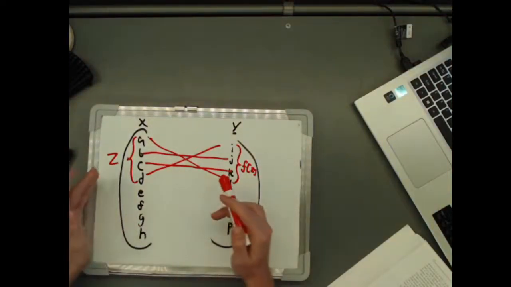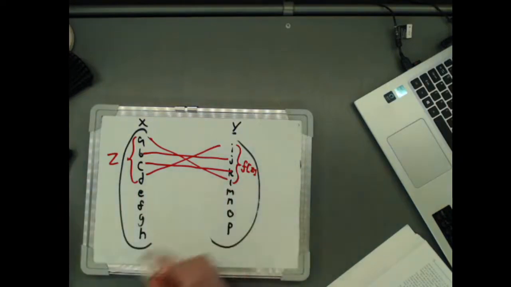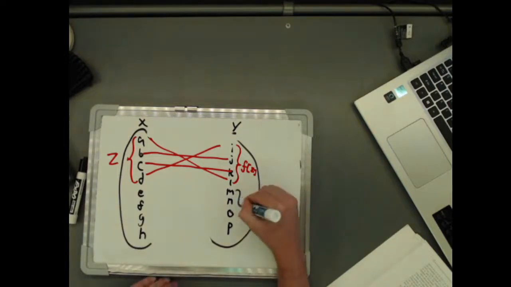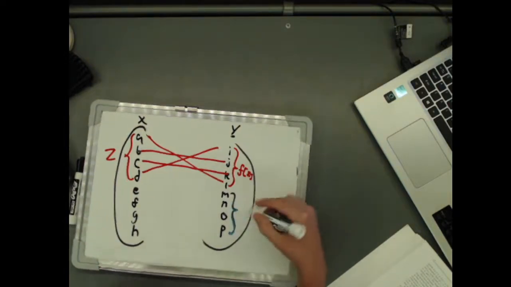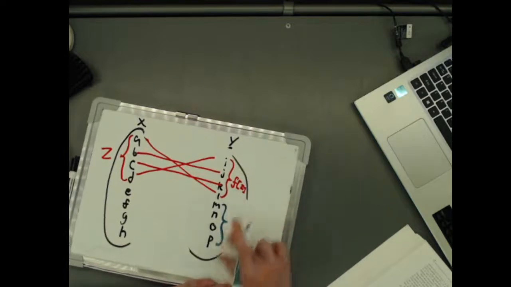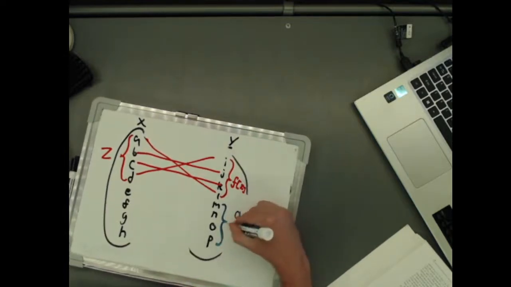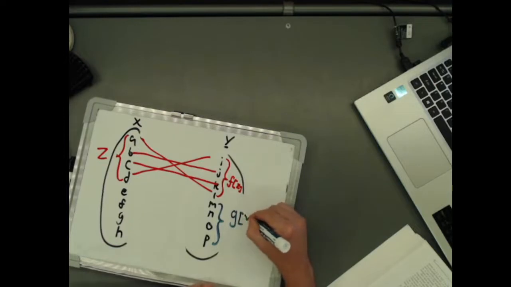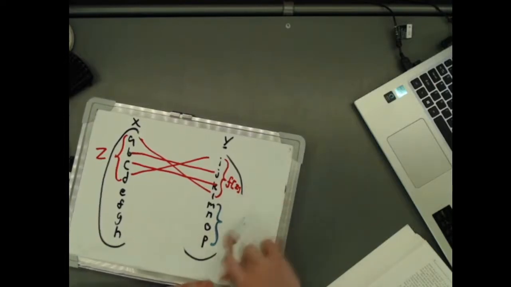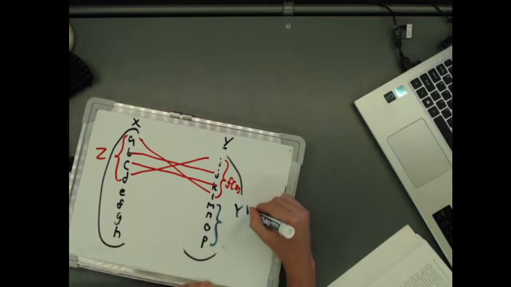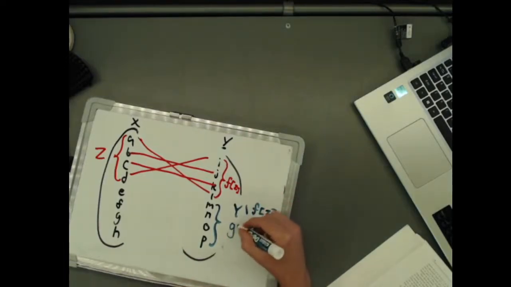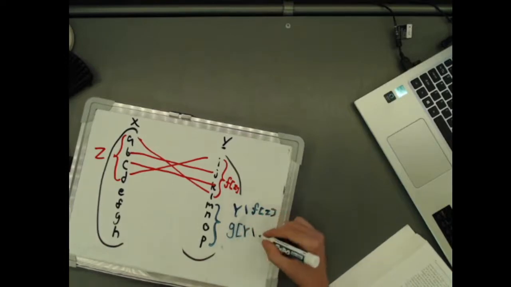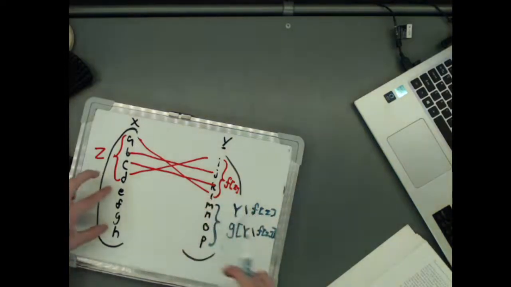What's interesting about the set Z, and why we did the first two lemmas, is that these remaining 4 letters in Y belong to the set Y minus f of Z. But what's cool is that g of Y minus f of Z has to map to these 4 elements.